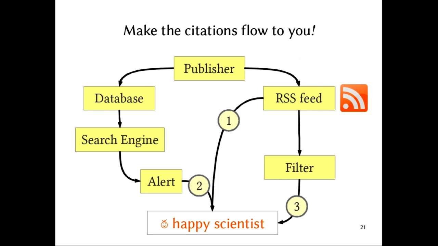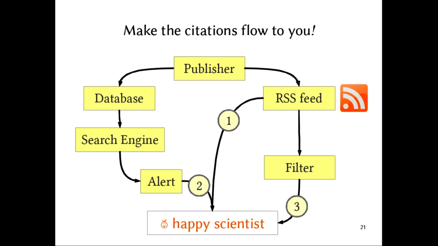And now let's talk about RSS, Rich Site Summary. Let's make the citations flow to you. As you have already understood, publishers put the content on their webpage, so there is a way to grab the data.